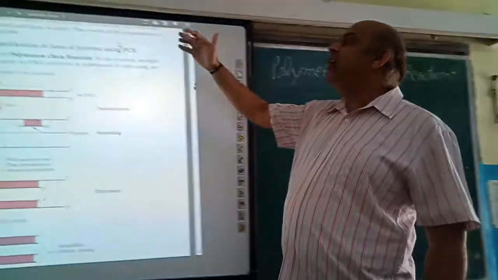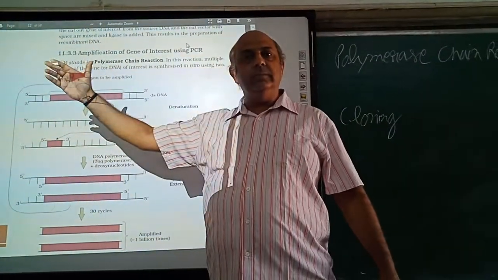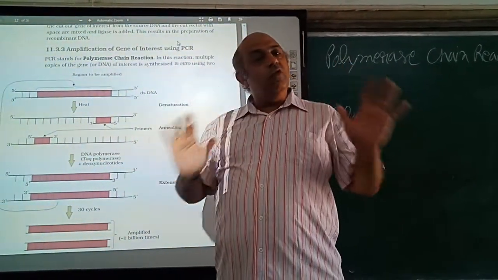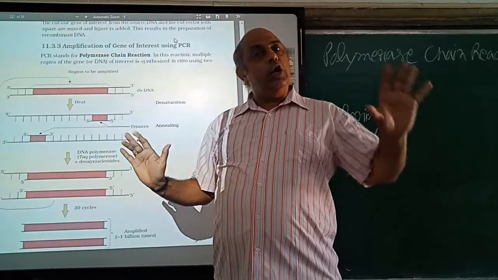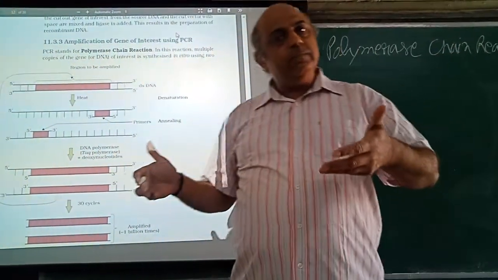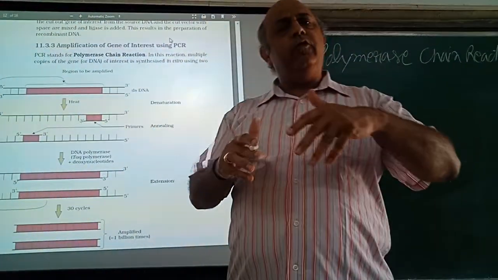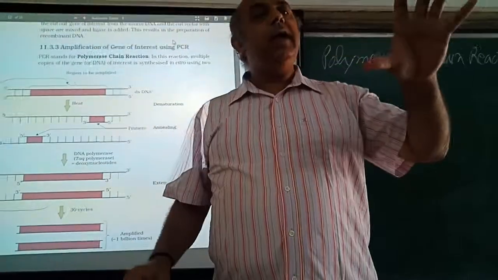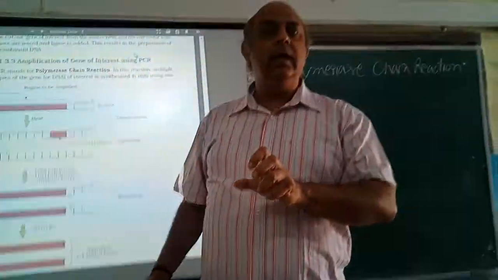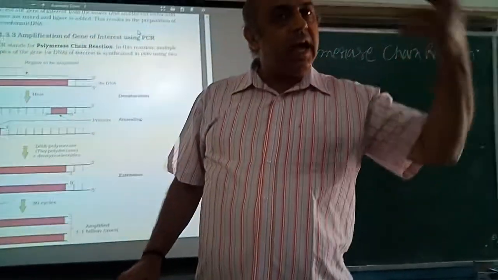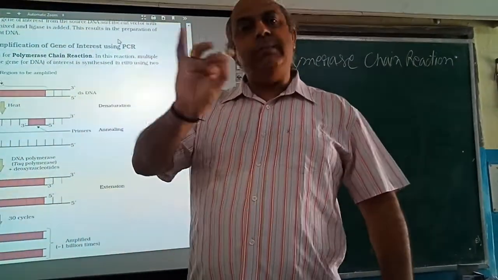We are using the word amplification. Literally speaking, cloning and amplification is the same thing. In cloning, what do we do? With the help of a plasmid, or with the help of any other vector, first we make a recombinant DNA. Then we increase the copy of that desirable gene which we have placed in the vector.